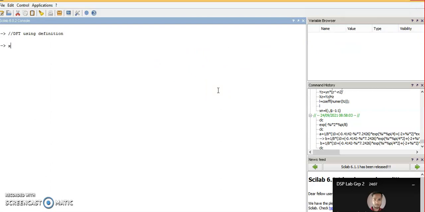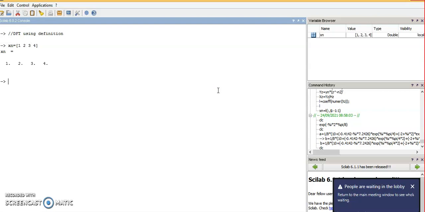Okay, so let us suppose x[n] is a sequence given by 1, 2, 3 and 4. Let us suppose this is x[n], and we want to find its DFT, X[k].